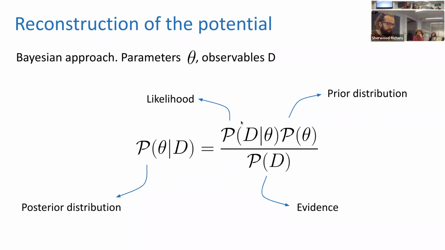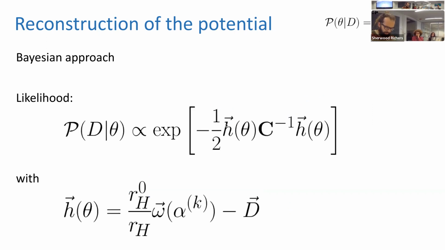In the end, what matters for reconstructing the posterior is the proportionality between the left-hand side and the numerator on the right-hand side. So what we really care about is how to determine the likelihood.